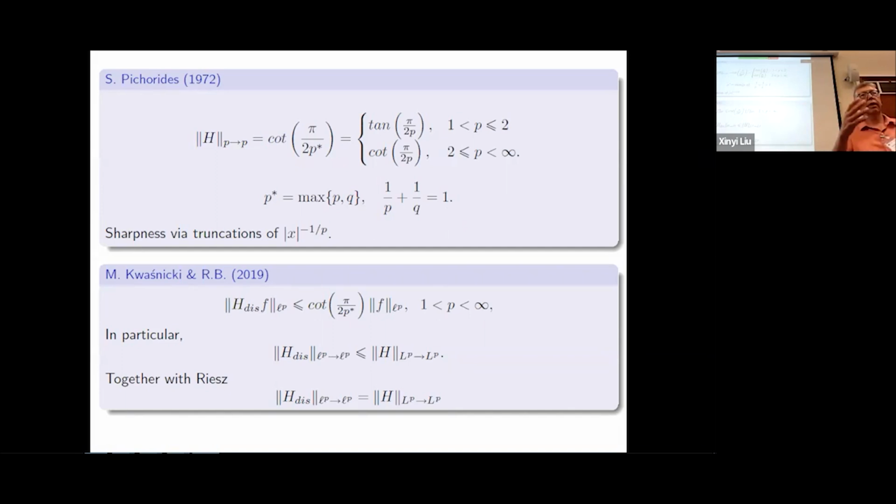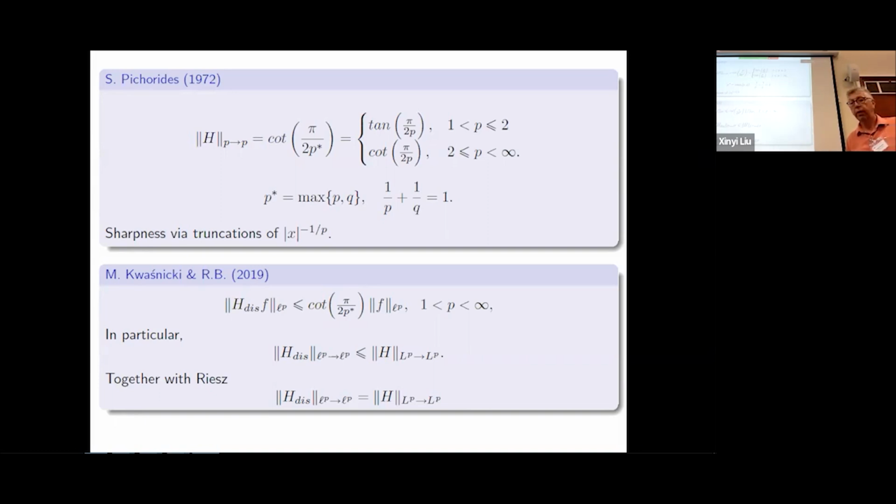So already from that observation you get p star minus 1, but that's not the right constant for the Riesz transforms. And what we proved with my co-author Mateusz Kwaśniewski in 2019 is that in fact the discrete Riesz transform also has the cotangent of pi over 2p star bound for the p norm. In particular, the p norm of the discrete transform is less than the p norm of the continuous one, and together with Riesz, you then get the equality.